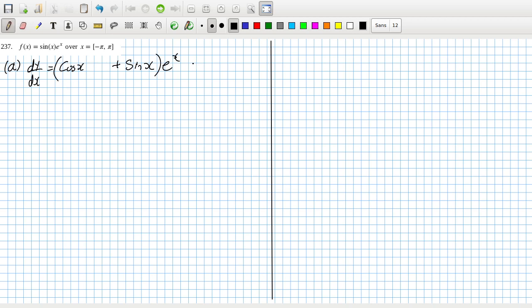I want this to be positive, which means I want sin x to be more than minus cos x, and provided that cos x is not 0, then we want tan x to be more than minus 1. That's when it's increasing.